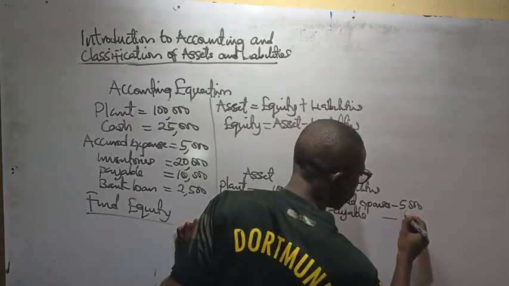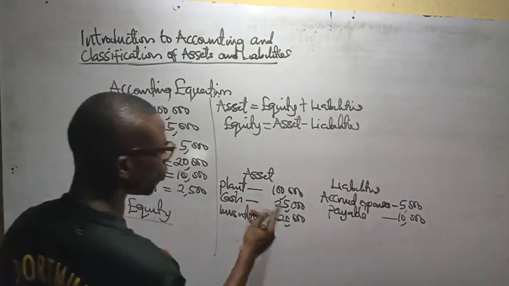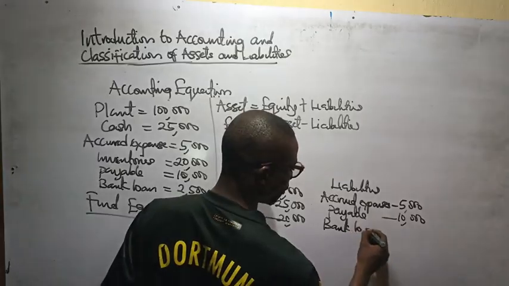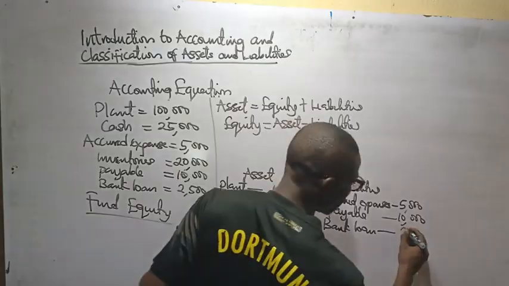So it's liability, 10,000. Bank loan, is it an asset or liability? Liability. You got that one, but I got you on payables. How much is that? 2,005.